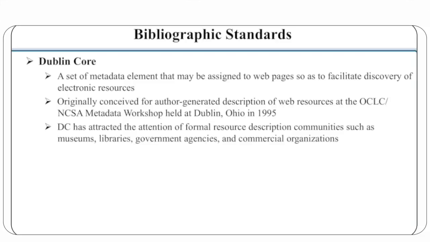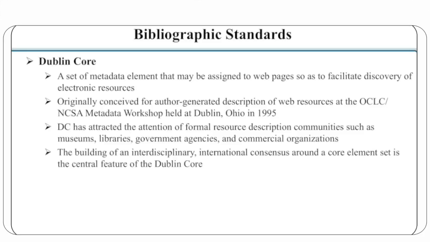DC has attracted the attention of formal resource description communities such as museums, libraries, government agencies, and commercial organizations. The central feature of Dublin Core is the building of an interdisciplinary, international consensus around a core element set.